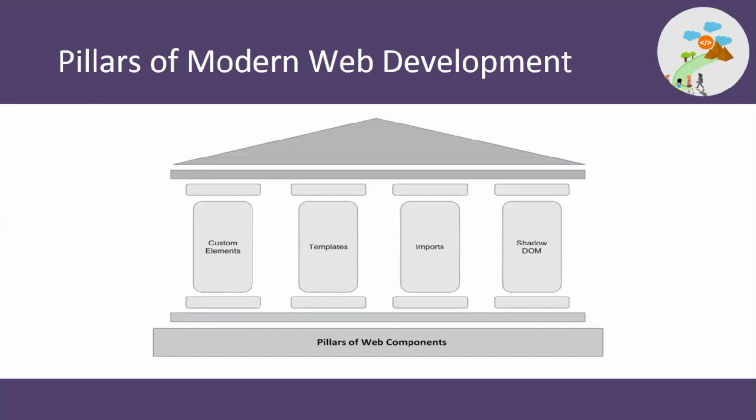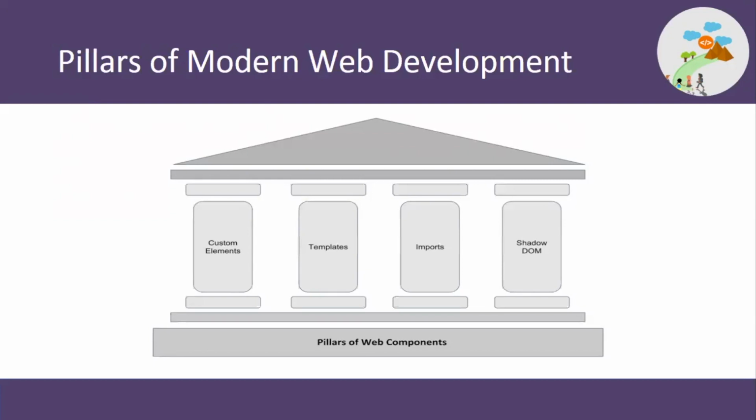It's just an introduction. Before we jump into Lightning Components, one of the key things to understand is that web development since the time of ECMAScript 6 has really evolved.